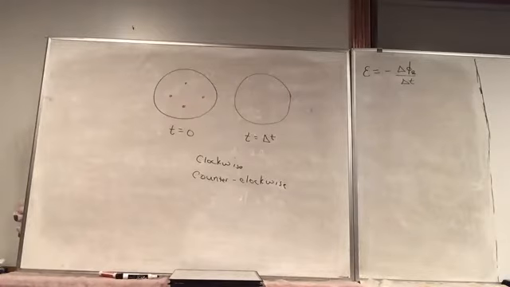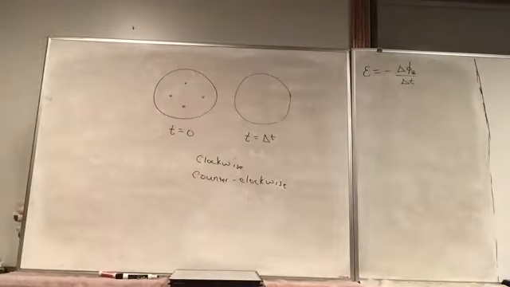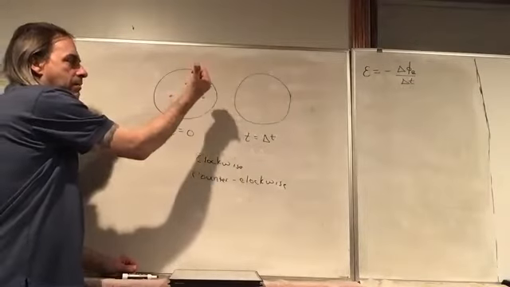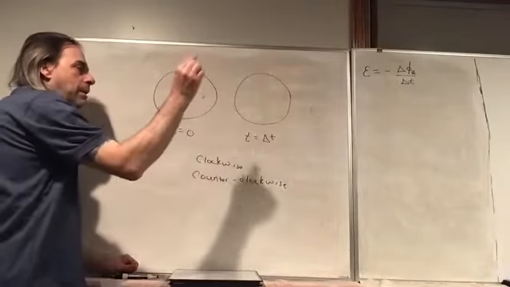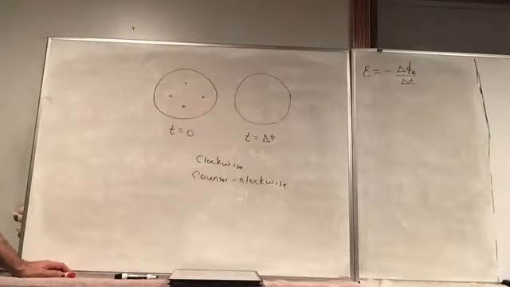Okay, so the flux is initially out of the board, but it goes to 0. So the change in flux, picture it's out of the board, but it's shrinking. So the change in flux is into the board.